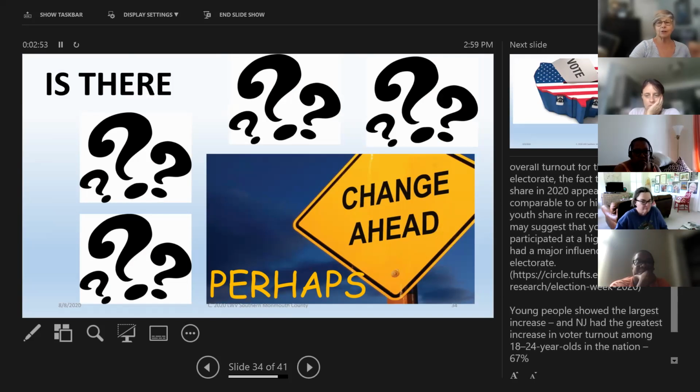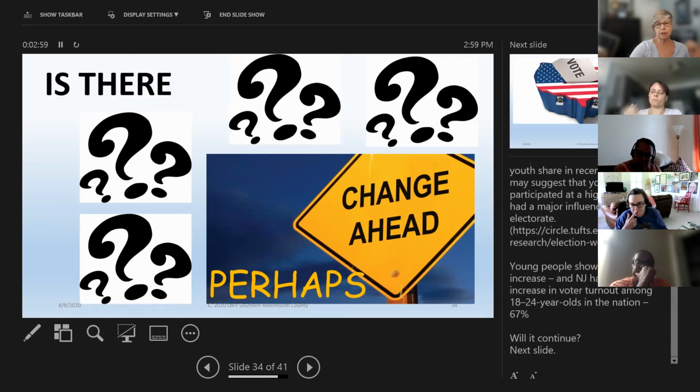And the thing that just tickles me no end is that when you compare state by state youth voter turnout, New Jersey had the highest, the greatest increase in voter turnout among 18 to 24-year-olds. We had a 67% turnout among our young voters, which is amazing. So will it continue?